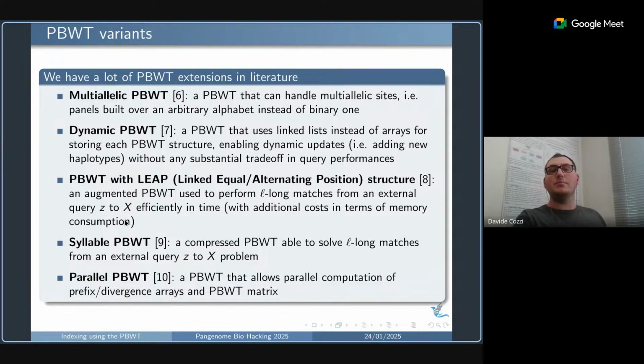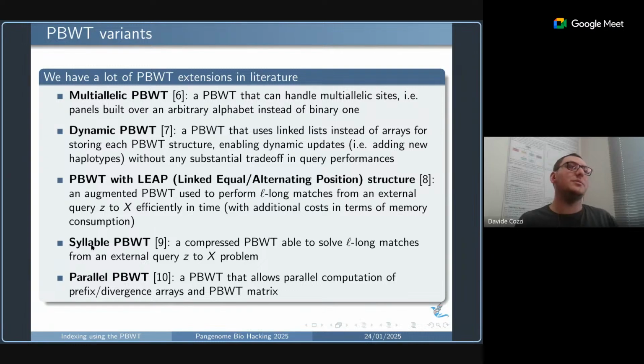Then we have some improvements in terms of computational time, for example, in this case, solving the L-long matches. And then we have something more related to compression of the PBWT index, because data are becoming larger every day. If we think about UK Biobank data, we have panels with hundreds of thousands of rows and millions of columns.